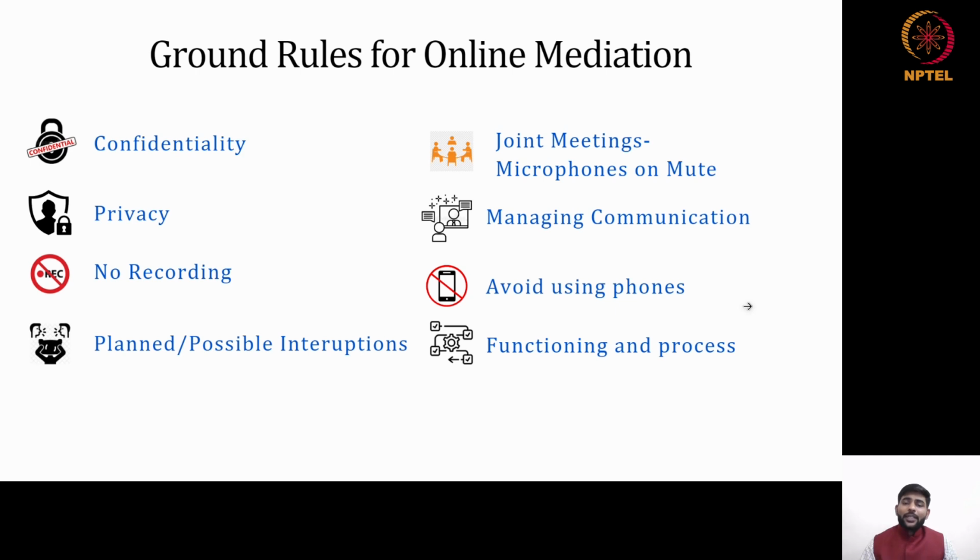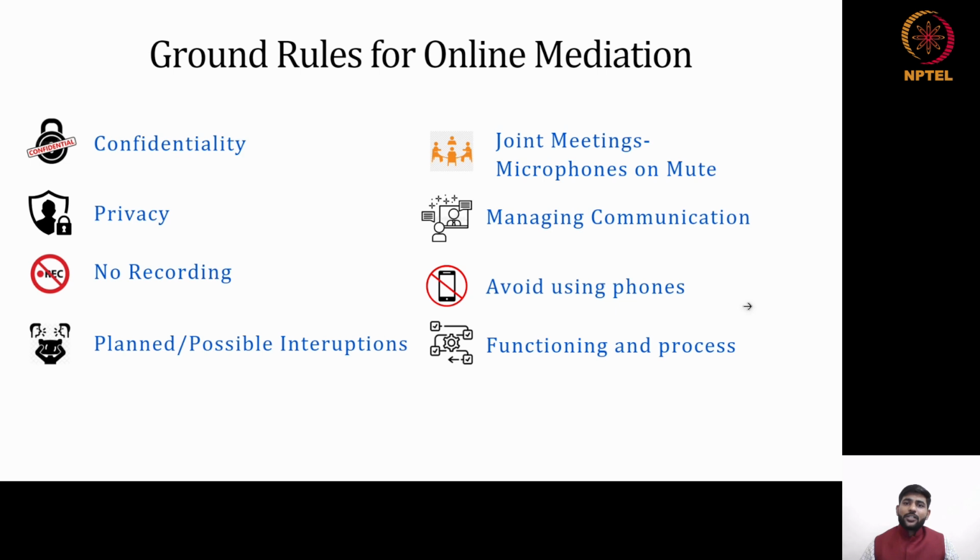But whenever we are thinking of an online mediation, the basic importance is to secure the online mediation, because the parties provide a lot of information to the software that has been developed for conducting an online mediation.